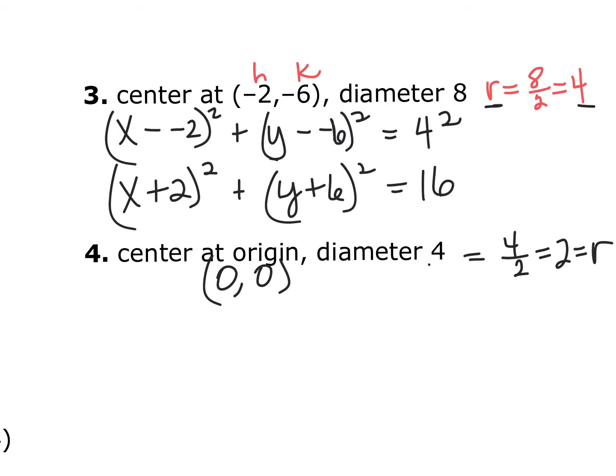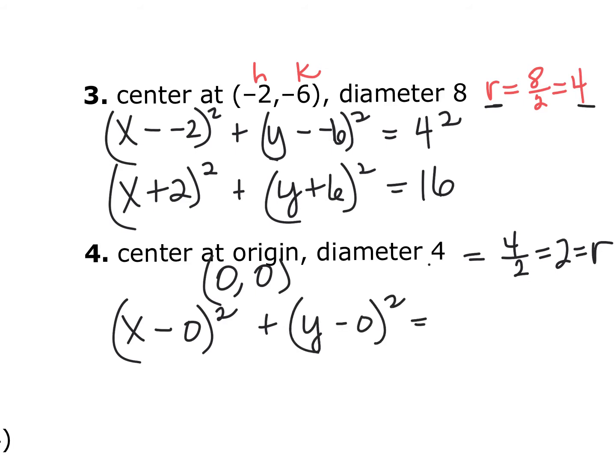Okay, so plug it into the equation. (x − 0)² + (y − 0)² = 2². The other thing we do need to simplify is zeros. So we don't need to write x minus 0. We can literally just write x² + y² equal to 4. And so this would be the equation for that circle.